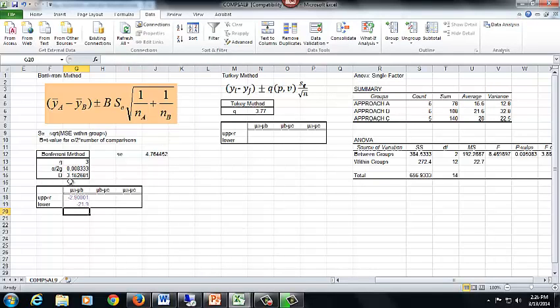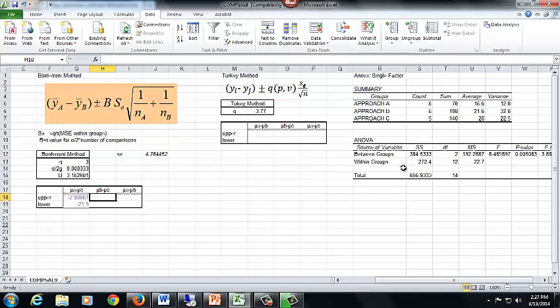Okay, so this is comparing approach A and approach B. Now I'm going to go here and do approach B minus approach C. So if I look here at the average, when I did this, I did approach A minus approach C. So I'm just going to go and change that label in there, and I'll change this one to B when I'm doing that. Sorry about that. I just noticed the way I clicked it on there.